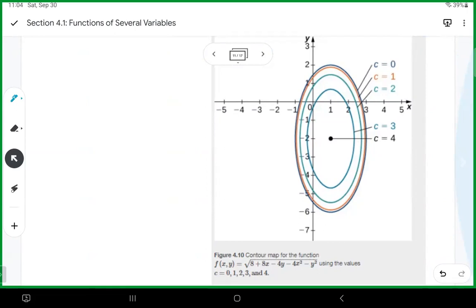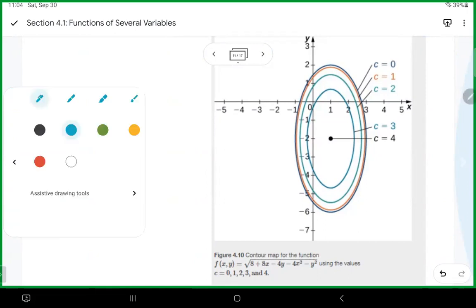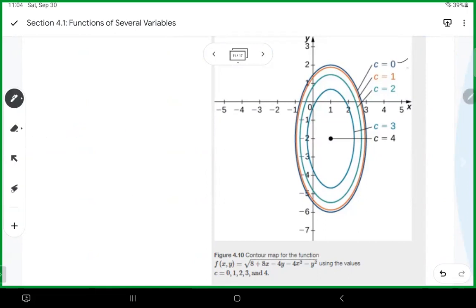So here you can see C of 0, C of 1, C of 2, C of 3, and then our C of 4 is that point, which was -1, 1, -2, 1, -2. So you have that all there now.